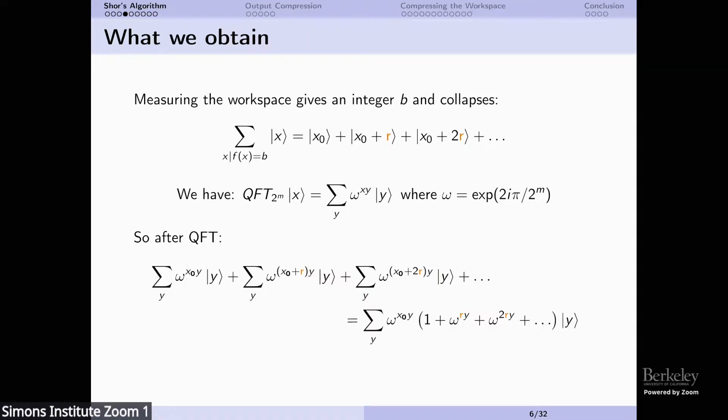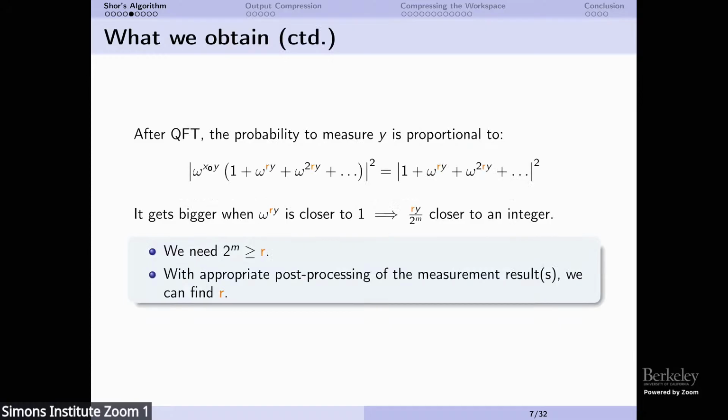And when it's not, then this is going to be smaller. So this is basically giving you which values of y you expect to measure. So it doesn't give you exactly the period r when you measure this, but it gives you information on it. And then you can get the period r from this information. So yeah, very simple things.